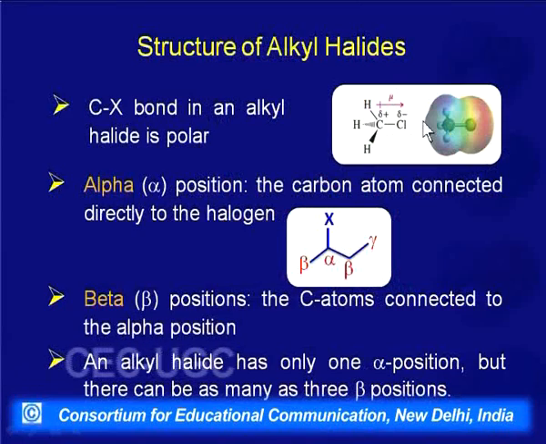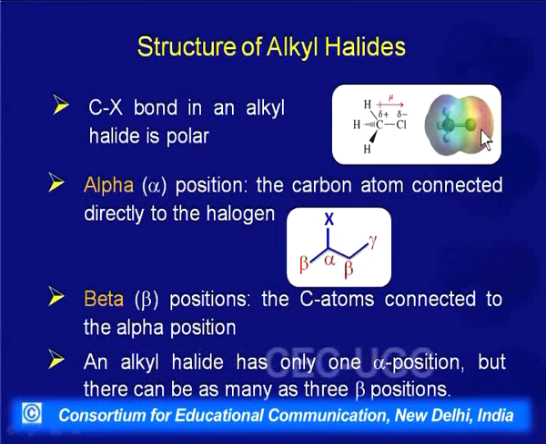This is the electrostatic potential map of alkyl halides, which is being shown here. The red shows the more electronegative, electron-rich part of the molecule, and this shows the less electron-rich part of the molecule.